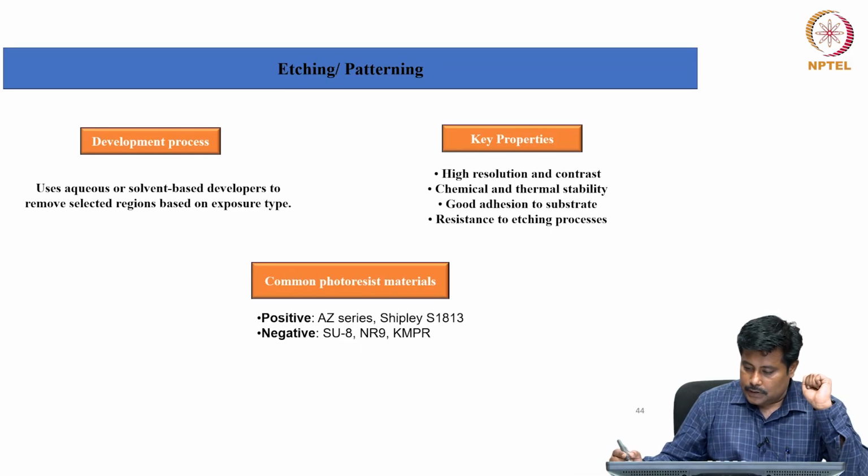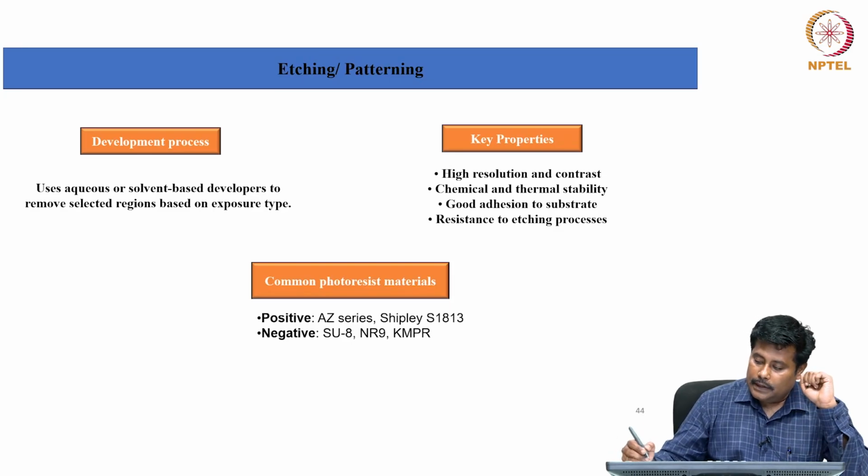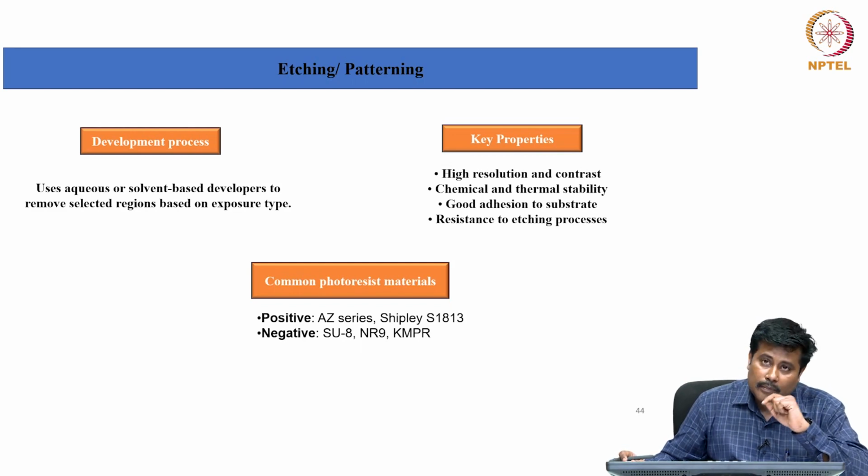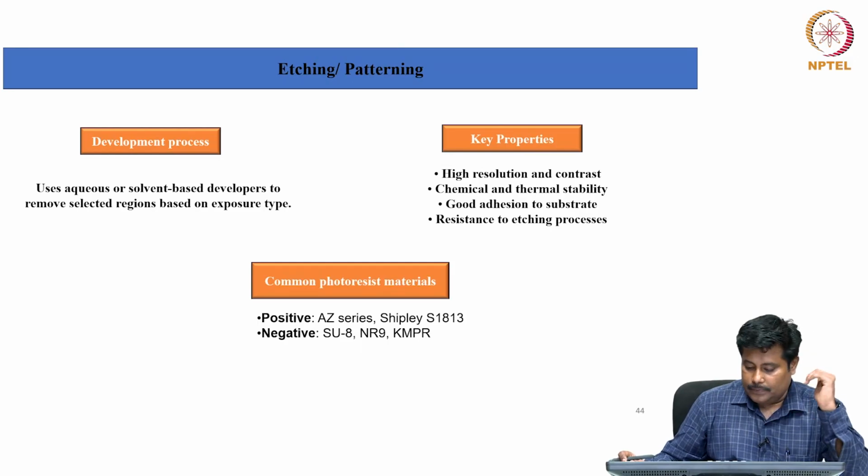With reference to key properties, it has high resolution and contrast. Chemically and thermally, it has good chemical and thermal stability. It should have good adhesion to the substrate and resistance to the etching process.